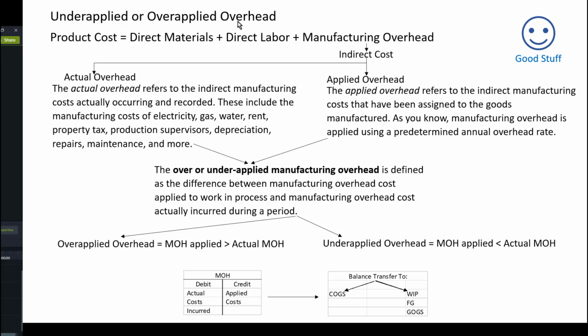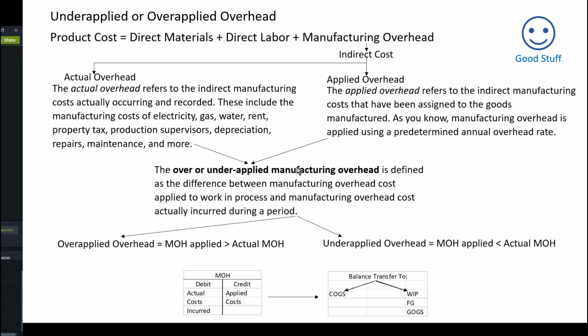To sum things up, the over or under applied manufacturing overhead is defined as the difference between manufacturing overhead costs applied to work in process and manufacturing overhead costs actually incurred during a period.